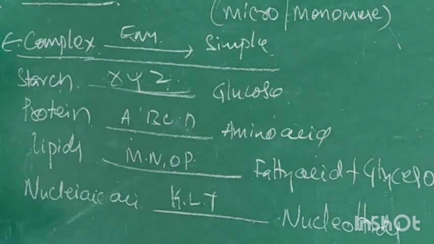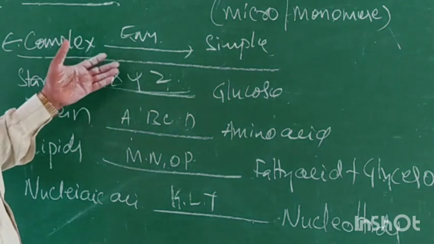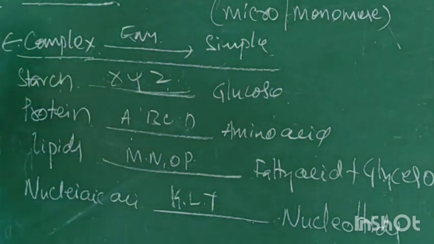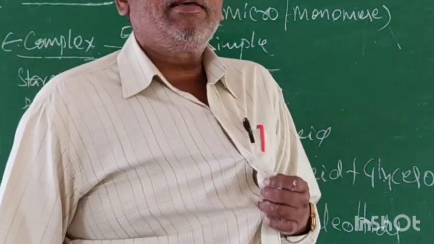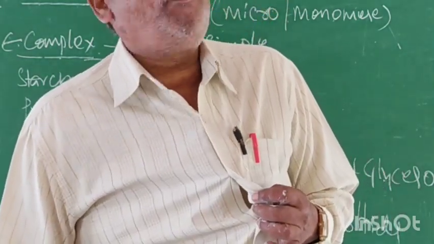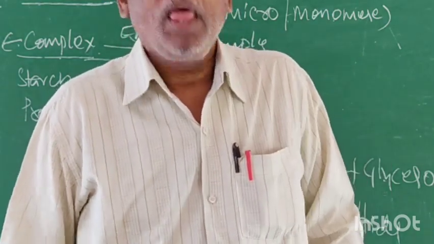If we have the knowledge, we can say it in multiple names: complex, macromolecules, polymer. Now this is the cloth. Cloth is a polymer. Thread, monomer.